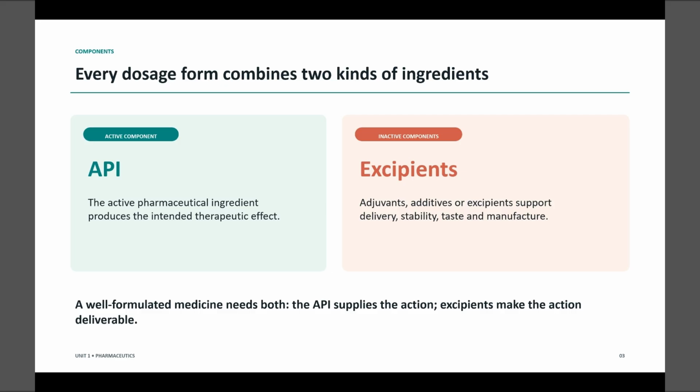That is the main hero for producing the therapeutic effect. Another one is called excipients. They may be called adjuvants, additives, or excipients, which support the delivery, stability, taste, and manufacture. So first, let us talk about the API.